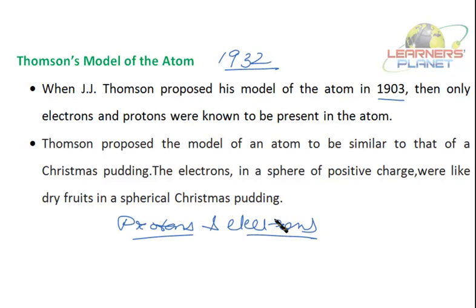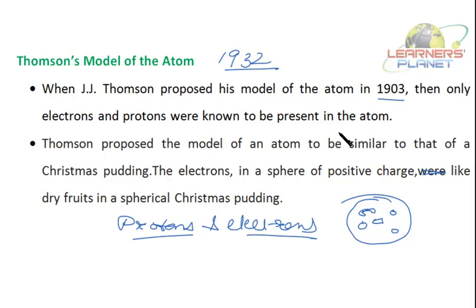See, it has got a pudding-like structure. That is, the electrons in the sphere of positive charge are like dry fruits in this spherical Christmas pudding. If it's a pudding over here, then the dry fruits are some cashew nuts, some almonds and raisins, like this.